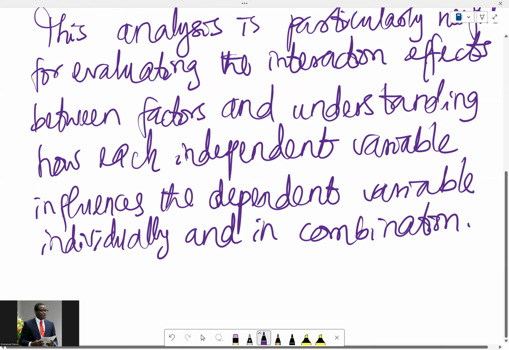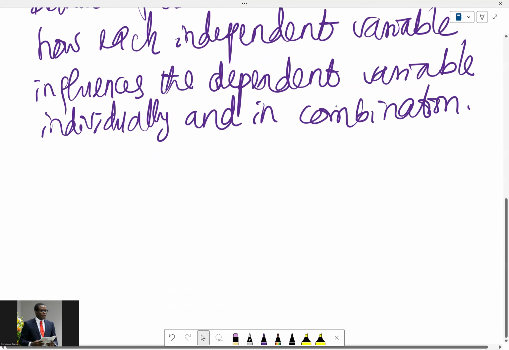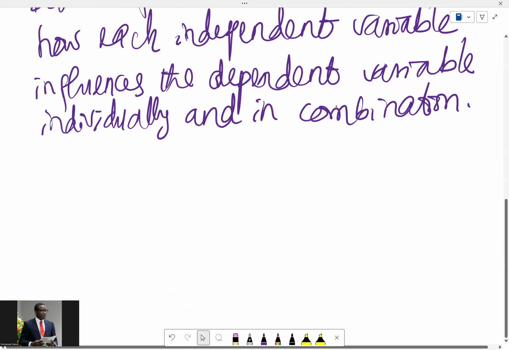For instance, you want to look at the effect of nutrition and genetics on growth. Here, you want to see how nutrition alone affects growth, how genetics alone affects growth, and how both of them in combination jointly affect growth. That's the kind of idea when we come to two-way ANOVA.